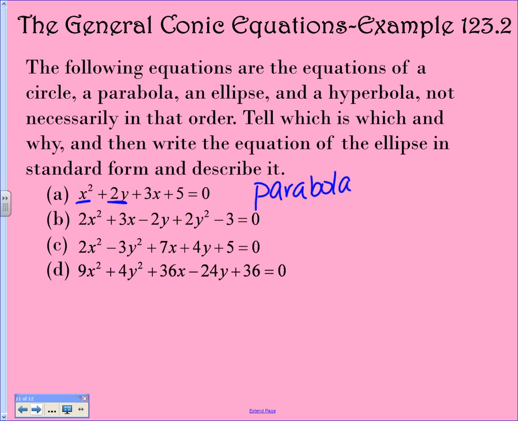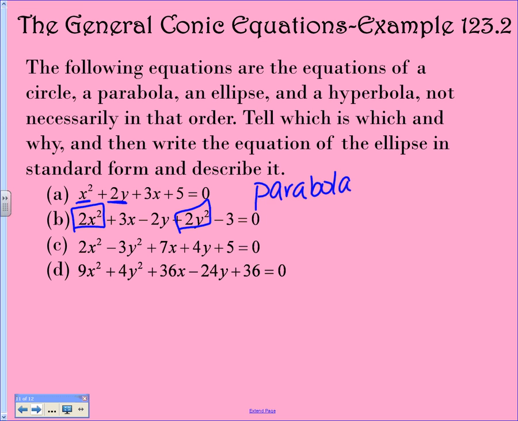Looking at the second one, what terms do we want to look at? So which one? I can't hear you, Scott. What? No, we don't really care so much about the y on this one. We want to look and see if they have any squares. We've got the 2x squared and the 2y squared.